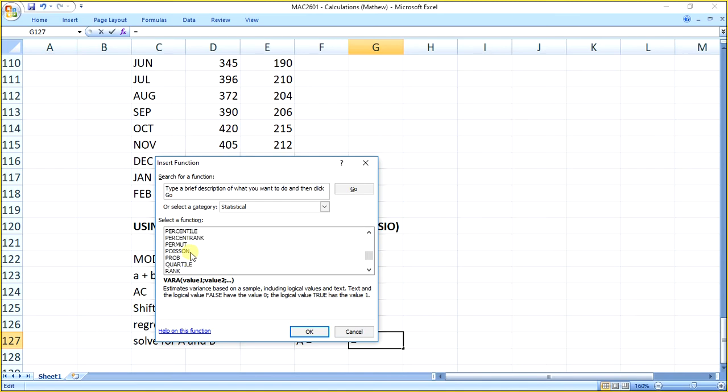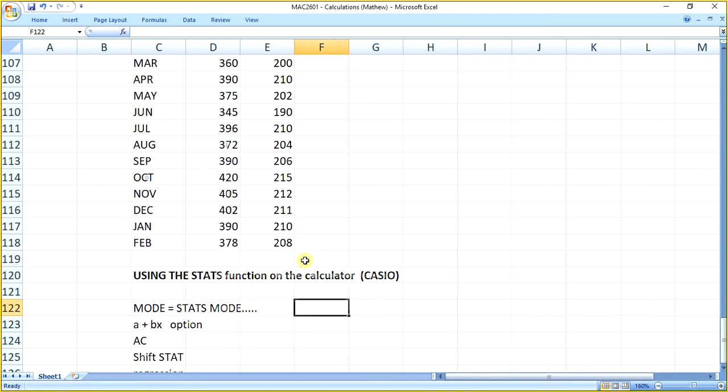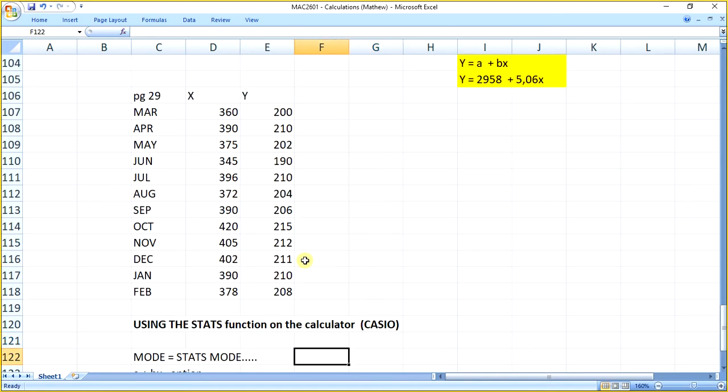I think I just cancelled the whole thing, but I'll do it again. Is it the one on 28 or 29? It was page 29. Okay, quickly do it. I'm going to do it on my calculator. Let's just see what we get. Okay, so stats mode.